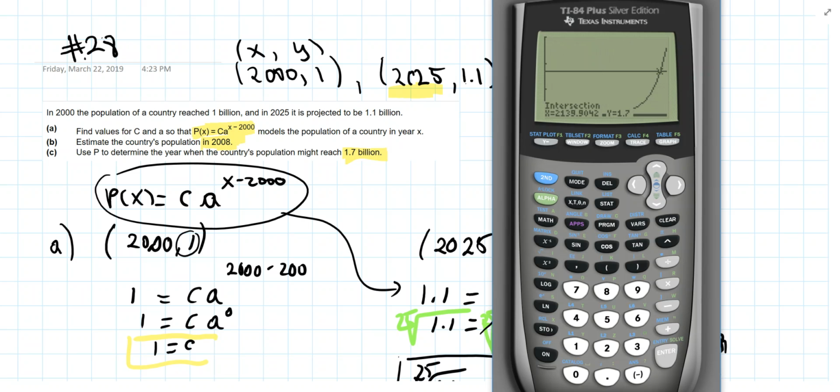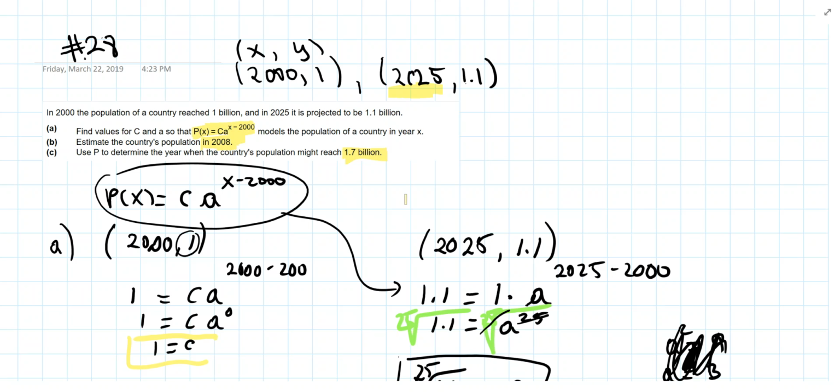And this is going to give me that the intersection happens at 2139.9, so we can round it to 2140. So in the year 2140, that's when the population of this specific country reached 1.7 billion. All right, so for C, it was 2140.